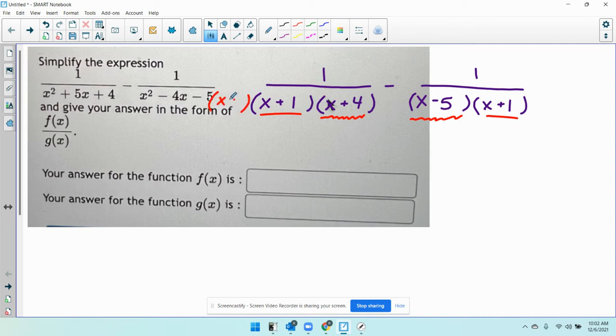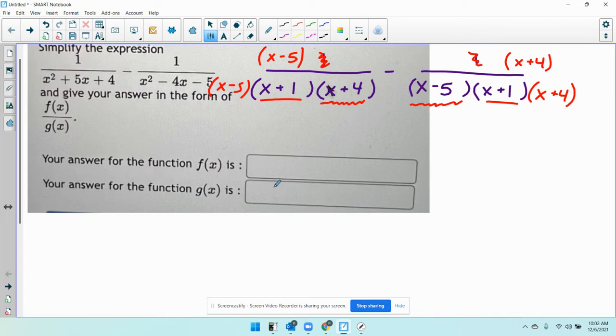This is missing an x minus 5. This is missing an x plus 4. But I can't just multiply the bottom. That'll change the value of the fraction. So I'm going to multiply this by x minus 5 on the bottom and x minus 5 on the top. I'll multiply this one by x plus 4 on the bottom and x plus 4 on the top.